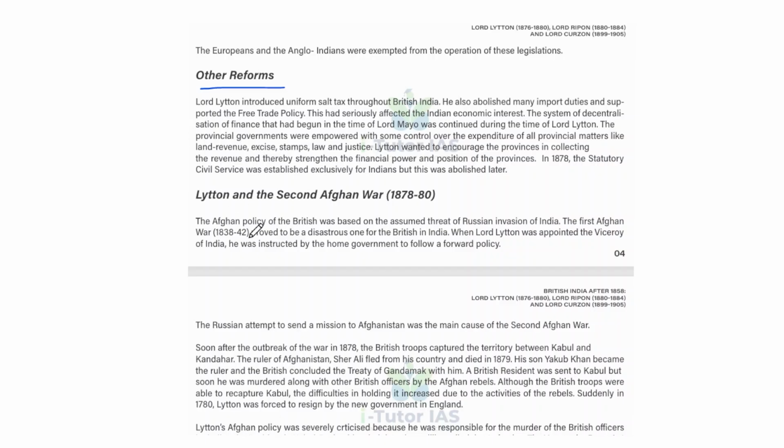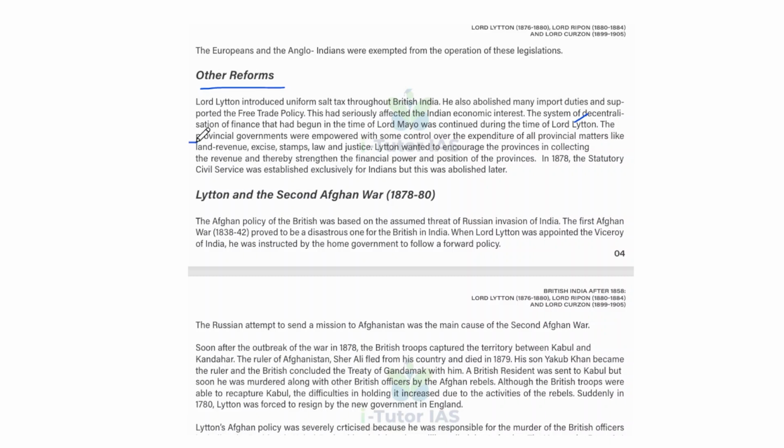and he also abolished many important duties and supported the free trade policy, and this had seriously affected the Indian economic interest. The system of decentralization of finance that had begun in the time of Lord Mayo was continued during the time of Lord Lytton.